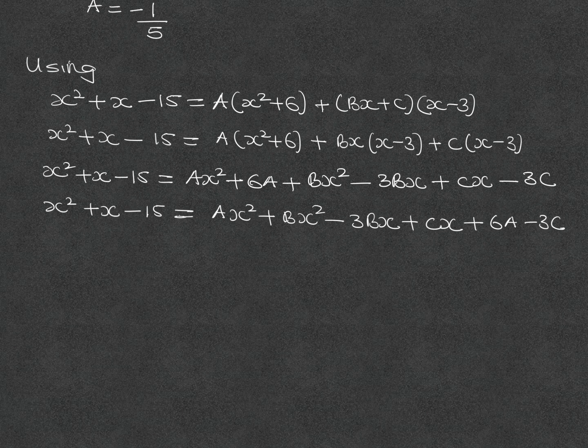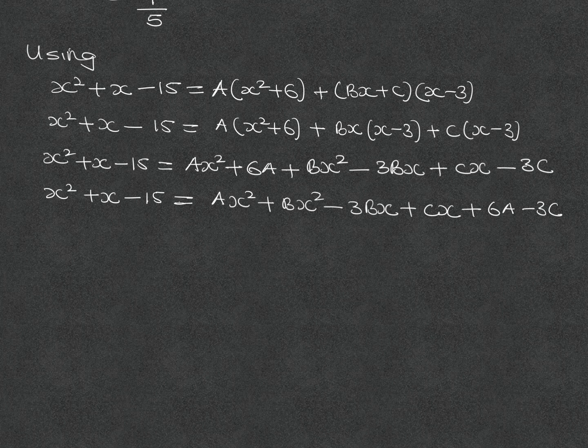So then what do we have to do? We are going to do comparison. Okay, we're going to compare what we have on the left side of the equation with what we have on the right hand side of the equation. All right, so it means the terms that have x squared will match with the terms that have x squared.